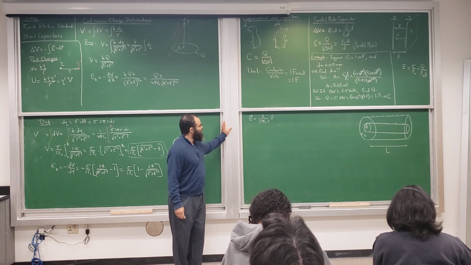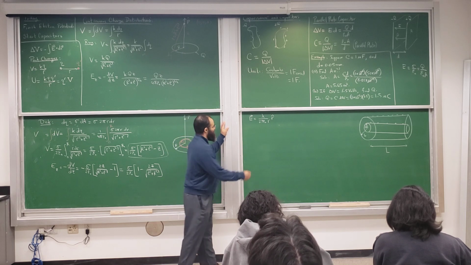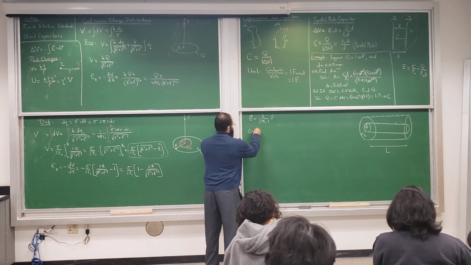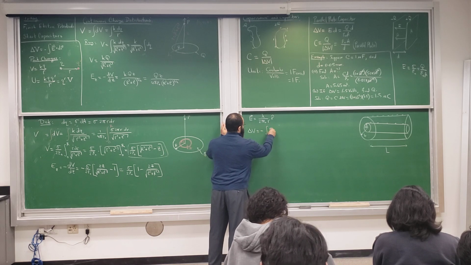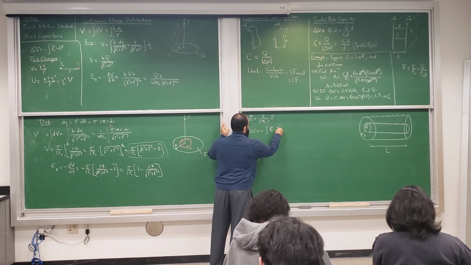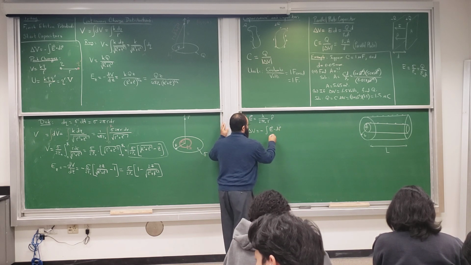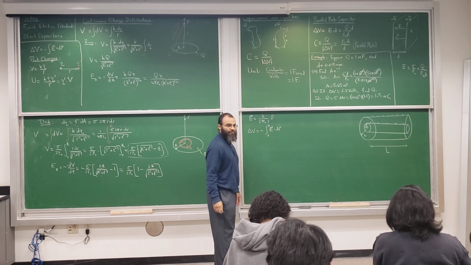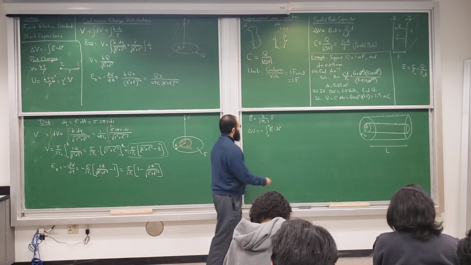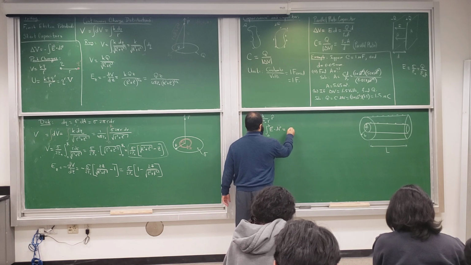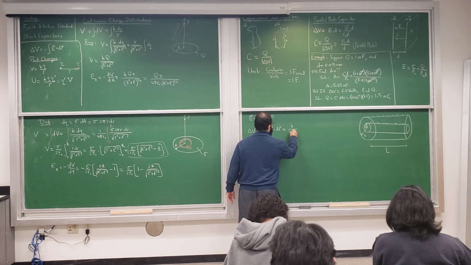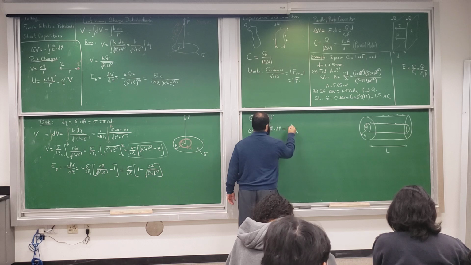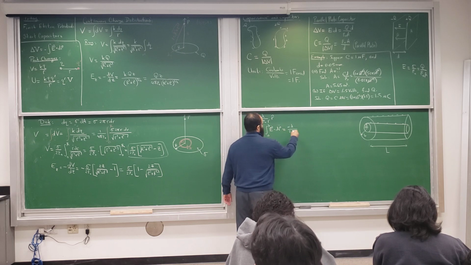Then we're going to find the potential difference. Delta V is going to be minus the integral of E dot dr from a to b, the potential difference between the two conductors. So this becomes lambda over 2 pi epsilon naught, with the minus sign together.